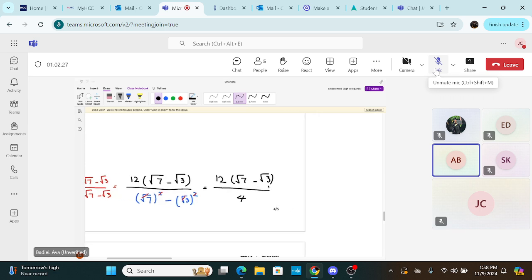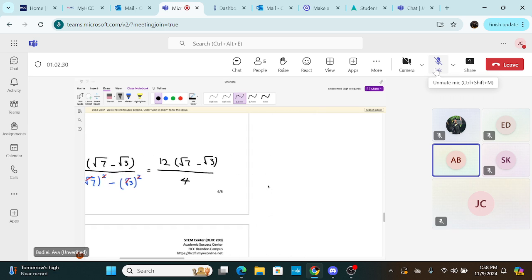Now again, with rationalizing, always try to simplify as much as possible. In this case, 4 and 12 are going to cancel. We get a 3. Now we can try to multiply the 3 by the parentheses. So this should be 3 square root of 7 minus 3 square root of 3. That should be our final answer.